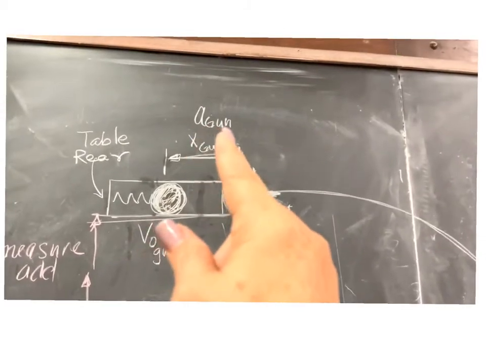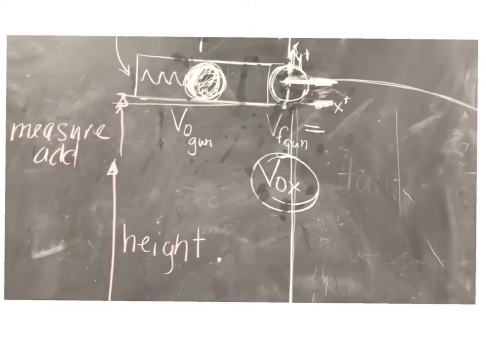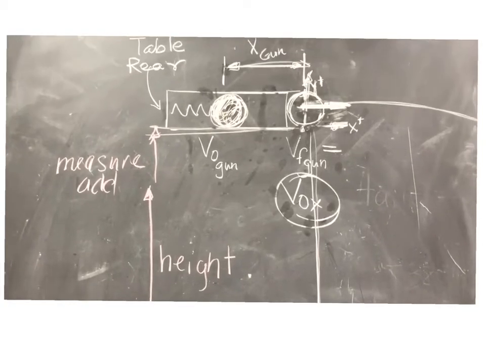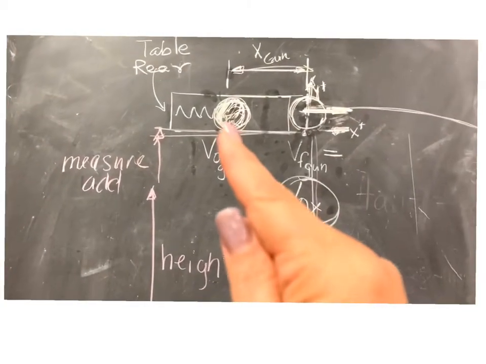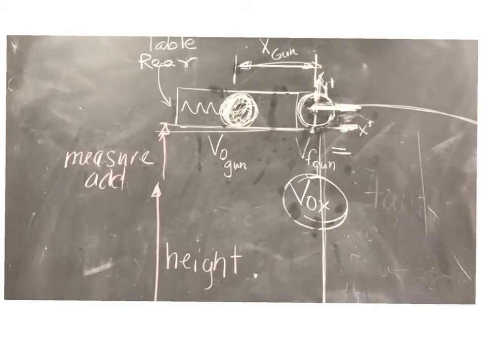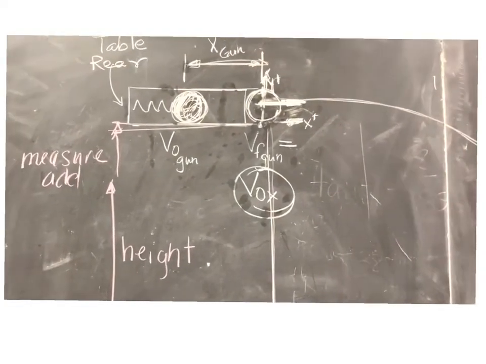So there is an acceleration of the gun. So there is not an x component acceleration once the ball has been fired, but there is an acceleration that occurs in this displacement, in this distance in the gun. So just want to make sure that that's kind of clear. There's two components to this.